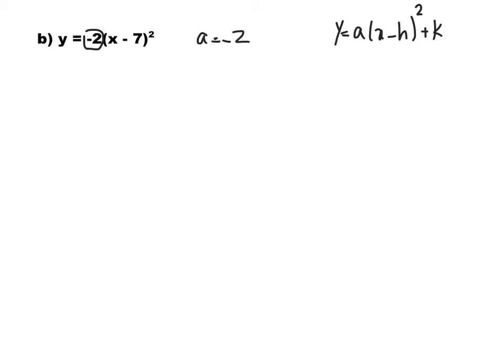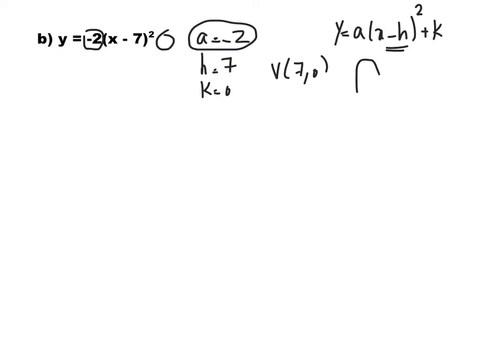So a is negative 2, h, negative 7 is equal to negative h, so h is 7. And your k value is the constant here, which is 0. So your k is 0. So my vertex is h, k, which is 7, 0. My a value is negative 2. Because it's negative, parabola opens downward. So this vertex, which is this point here, is going to be a maximum.